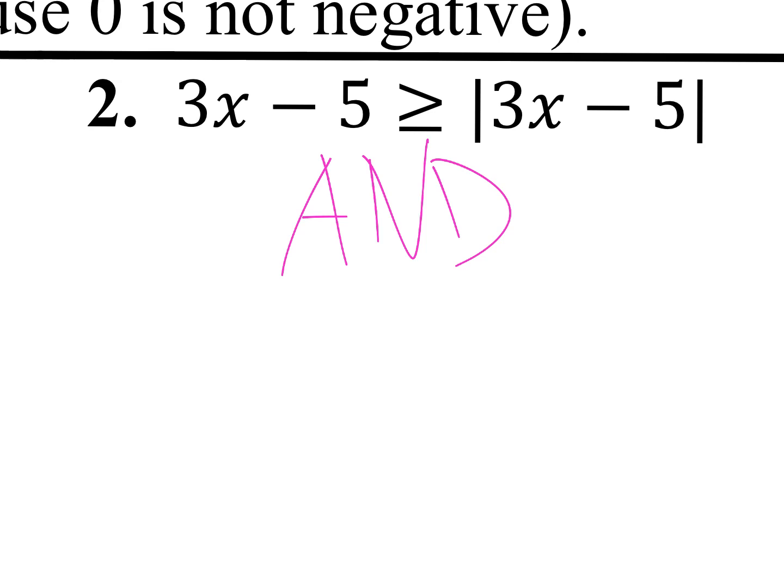Can the linear side ever be greater than the absolute value side? So I'm going to go back to this sketch that I drew earlier. This is what's going on. You have the absolute value and the linear overlapping. They overlap whenever it's positive. So it's actually impossible for the linear to be greater than the absolute value side.